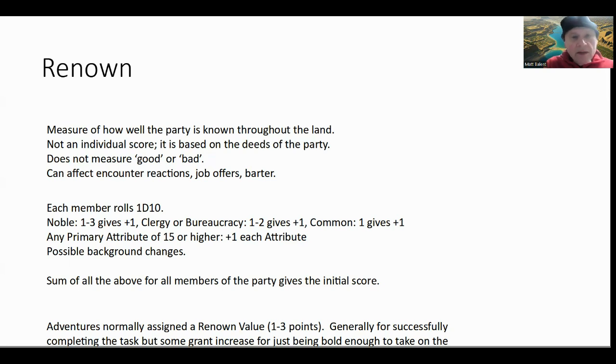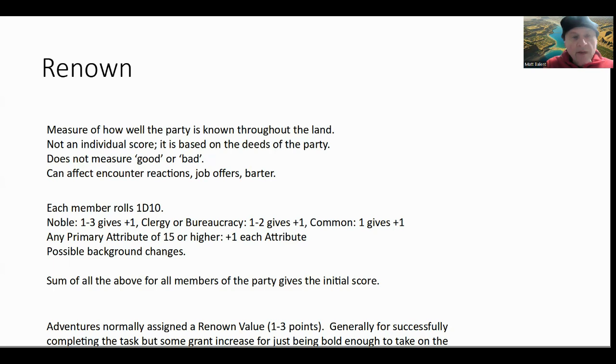And to determine the initial party renown, everybody rolls 1d10, and based on your cast, you have a chance of obtaining 1 point. And then anyone who has an attribute of 15 or higher, you get a +1 point for each of these attributes.